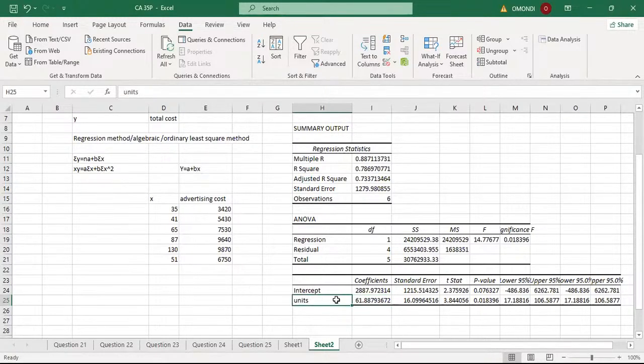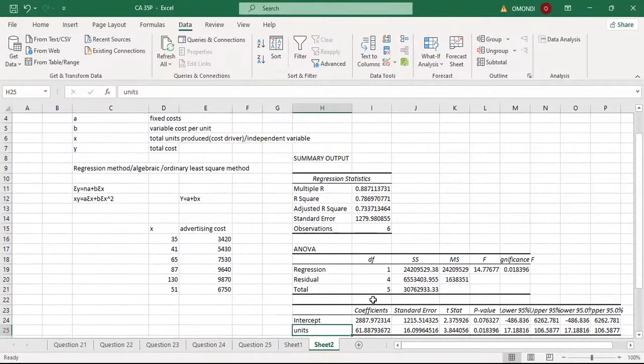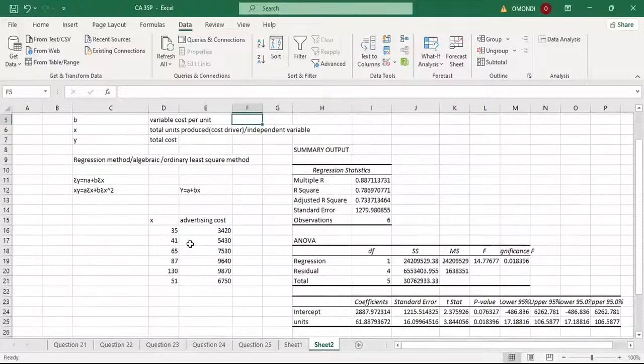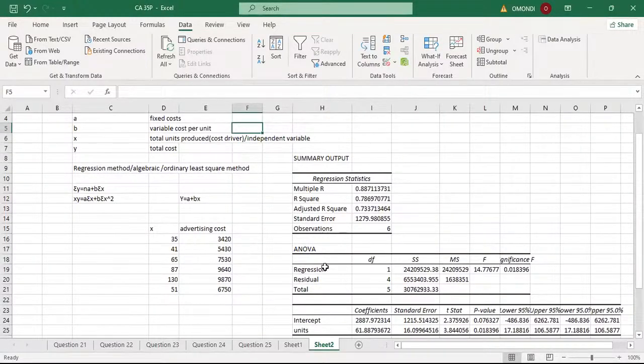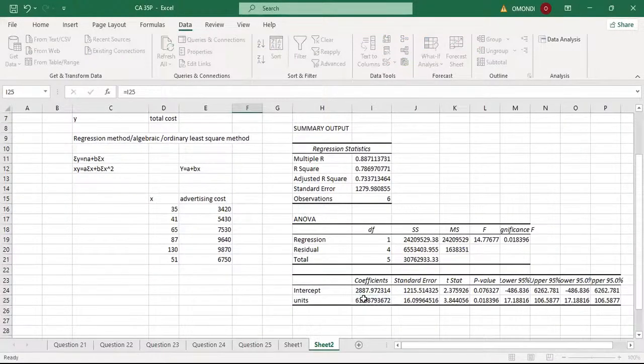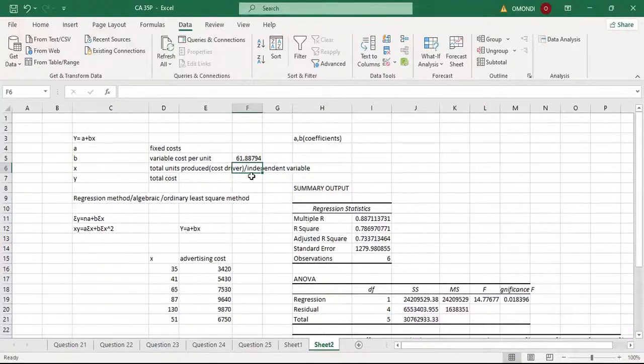So the value here for units, 61.88, is the variable cost per unit. Our variable cost per unit, the value of B, is equal to this one here. That is our variable cost per unit.